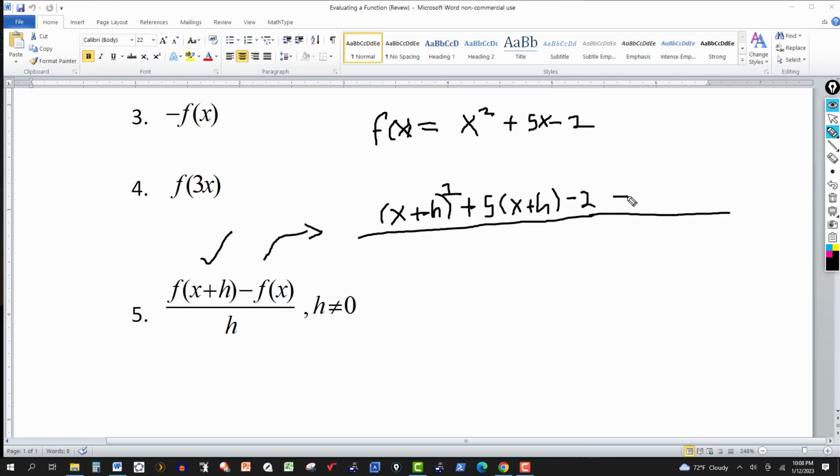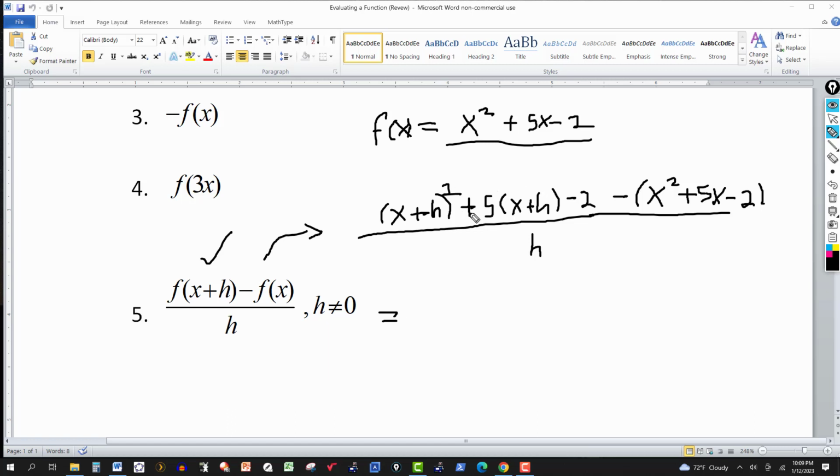And then it's minus f of x, but f of x is just this right here. So let's put parentheses here. It's x squared plus 5x minus 2. And that's over h. Yeah, so let me just put it down here then.